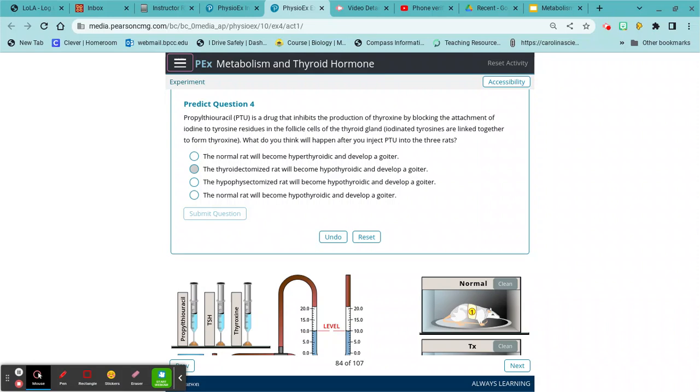So this is the takeaway: your metabolism can alter if there is a change in the thyroid, if there's a change in the pituitary, or a combination of those, and then thinking about drugs and receiving supplements.